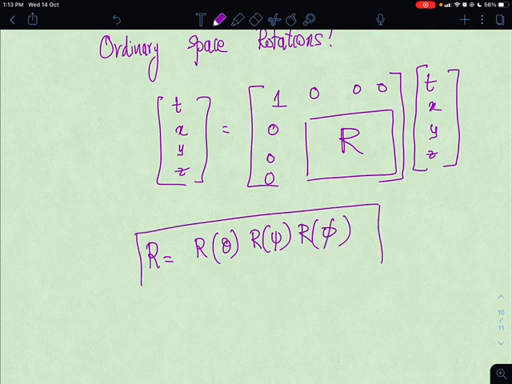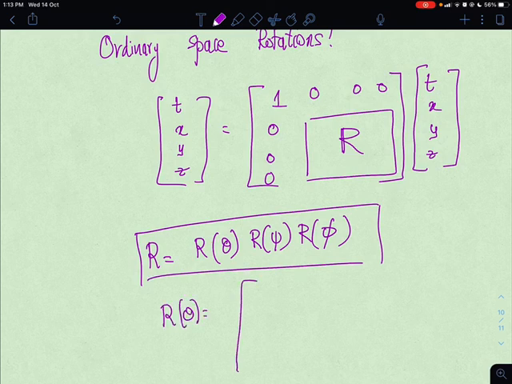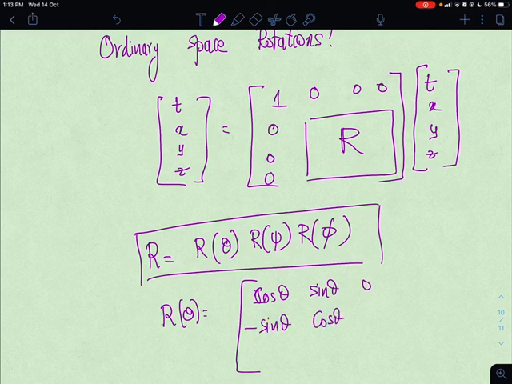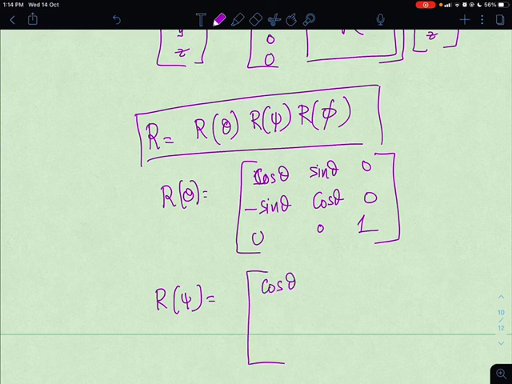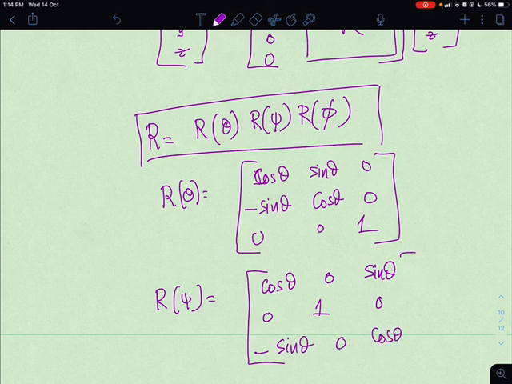phi. So, R is this one, where r of theta, you can define it for x-y rotations: cos theta, sin theta, 0, minus sin theta, cos theta, 0, 0, 0, 1. And r of psi would be, let us say, in the x-z directions: cos psi, 0, sin psi, 0, 1, 0, minus sin psi, 0, cos psi.